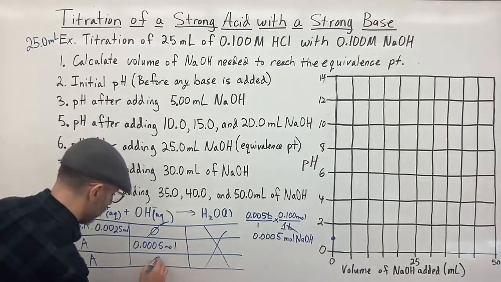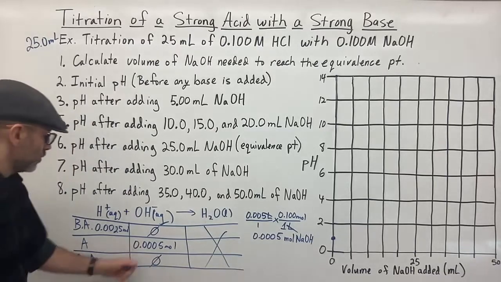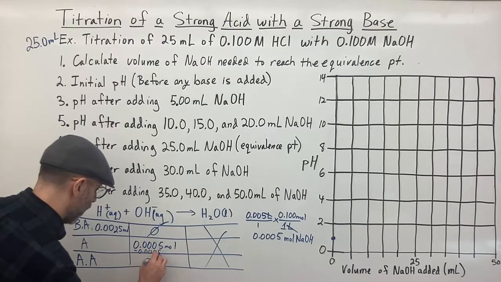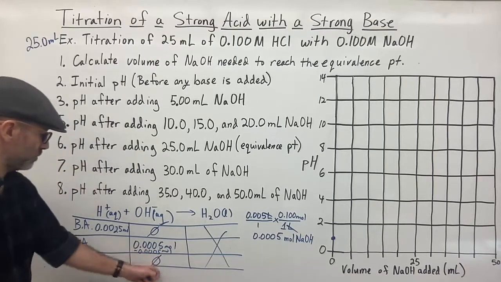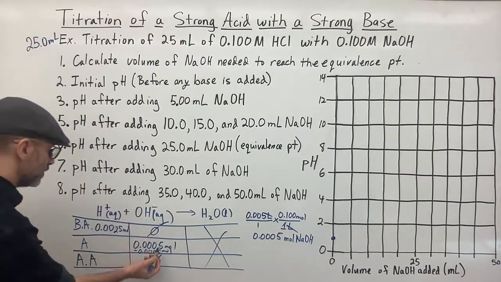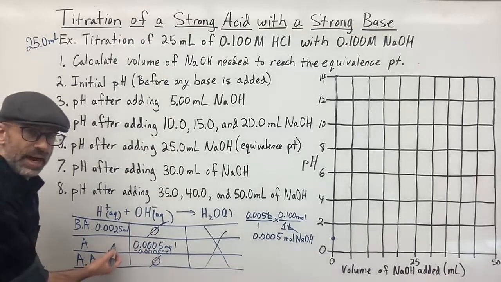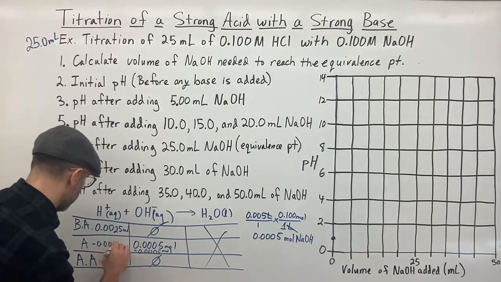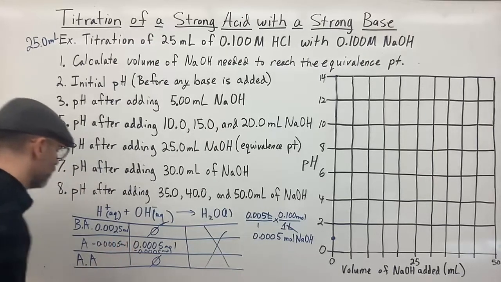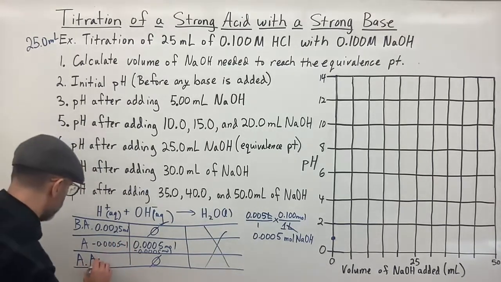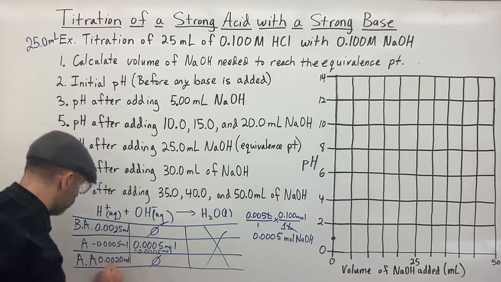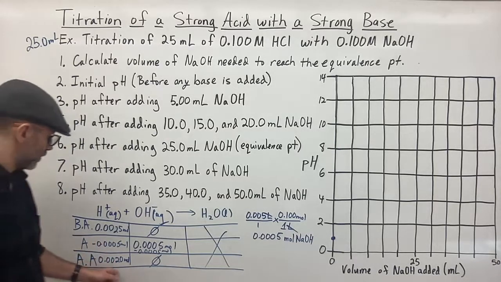So that means this is minus 0.0005 moles. We lose that, since this is reacting completely with the acid. And that leaves us with 0.0020 moles of H plus.